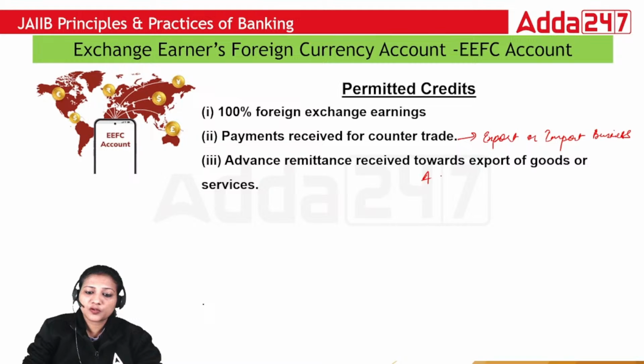Suppose Mr. A is an Indian exporter, and he has exported some goods to the US and has received some advance payment. This can be credited to his EFC account.